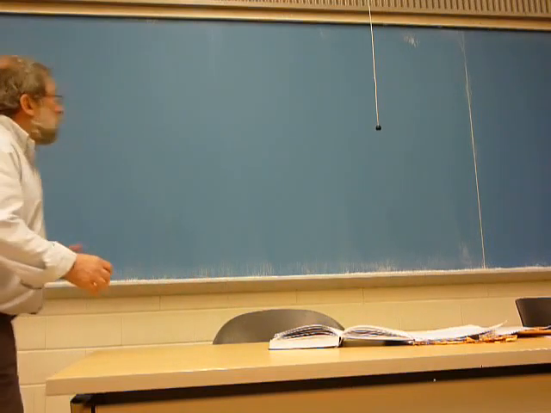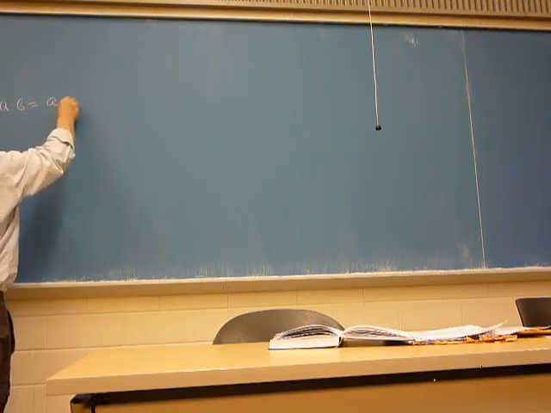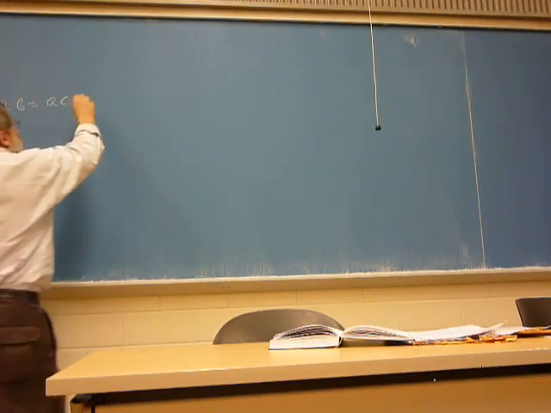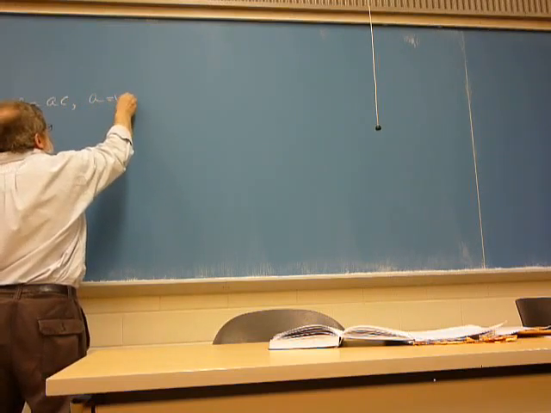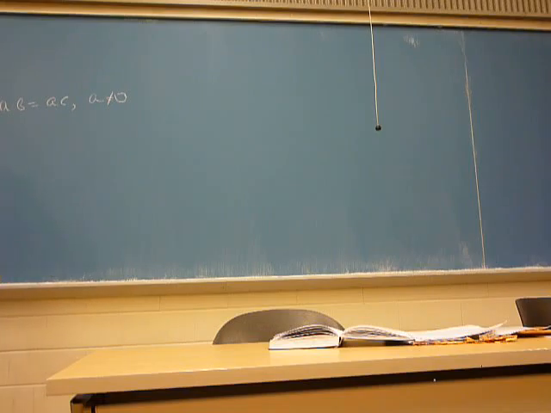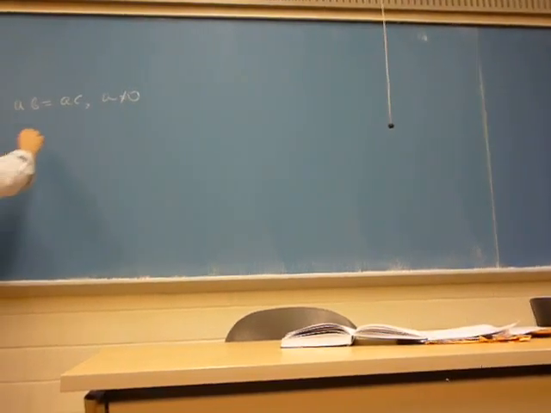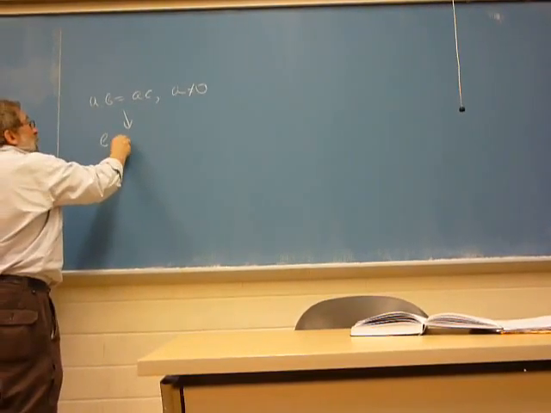See, the point is that it's like with ordinary numbers. If you have equality in ordinary numbers, AB is equal to AC, with the additional provision that A is not equal to 0, then you can cancel. Why?